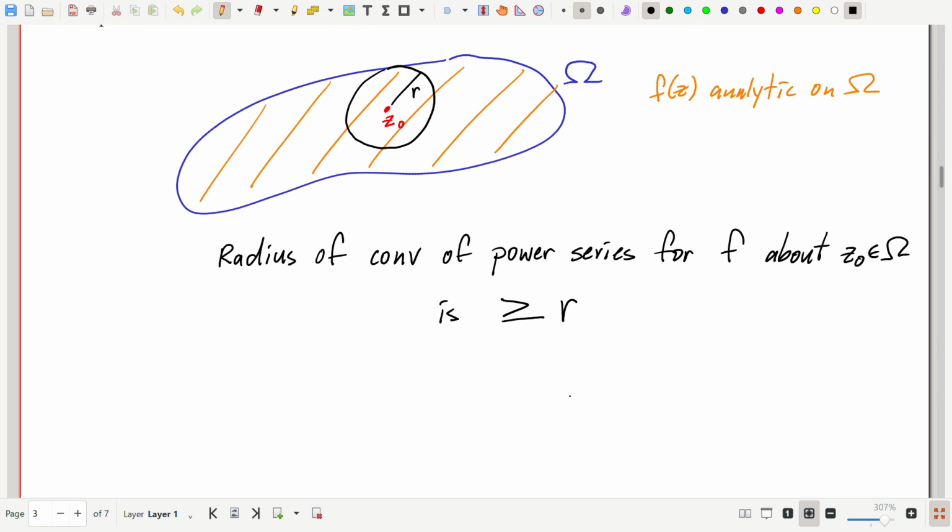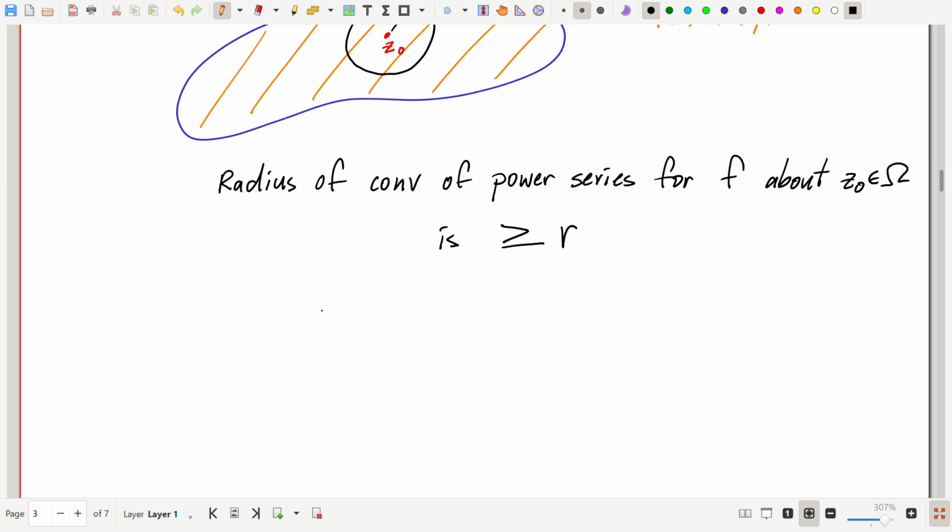In the picture, I have plus 3i and minus 3i, and I'm interested in the radius of convergence about the point 4.